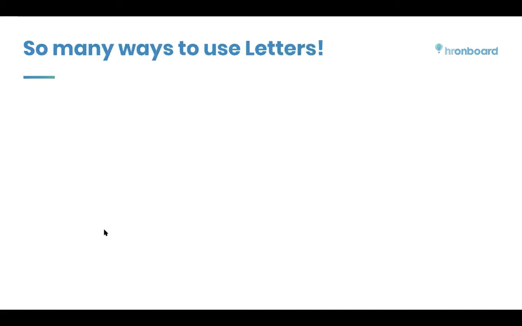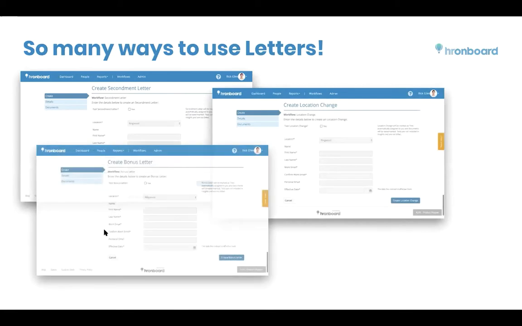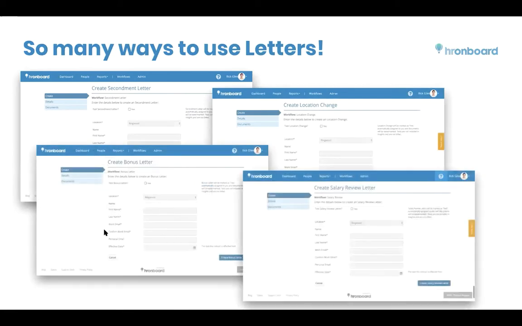So that's a screenshot of a salary review process, but we've got some here. You would have seen this in the video. We don't need to teach you guys how to create a letter. You guys probably do this more than we do every day. So it's really, really straightforward to do. And we just wanted to show you basically a couple of screenshots of what some of those use cases do look like.